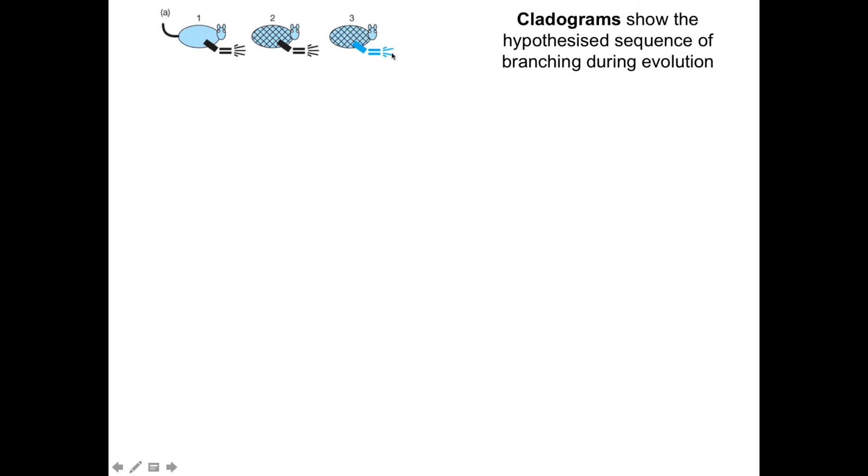And they have tails. They could either have a tail, such as number 1, or not have a tail, such as 2 and 3. The question is, what evolutionary steps might have occurred to lead to these different organisms? How can we make a cladogram that describes the simplest evolutionary pathways that would have led to these organisms?